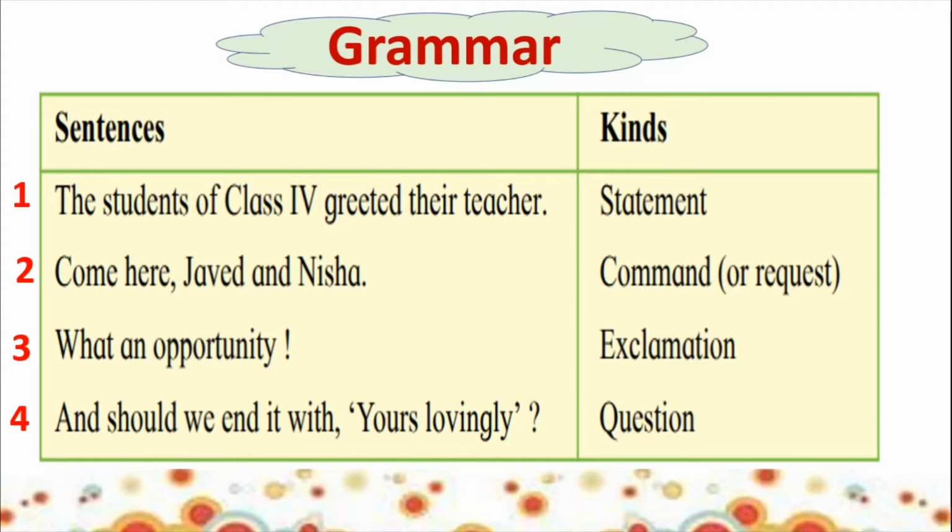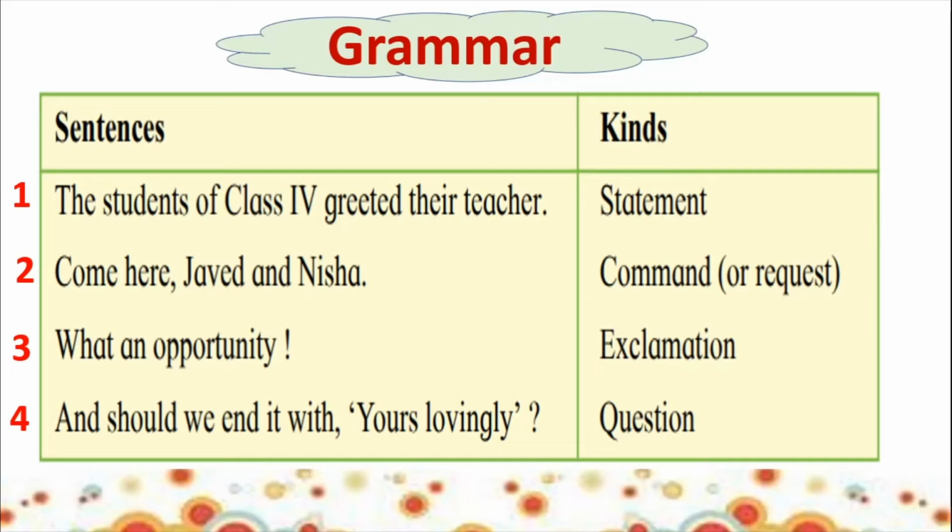So these are the four kinds of sentence that you can have in English. A statement, as you grow higher, you will learn that a statement is also called a declarative sentence. A command is called an imperative sentence, but that we will not look at now.